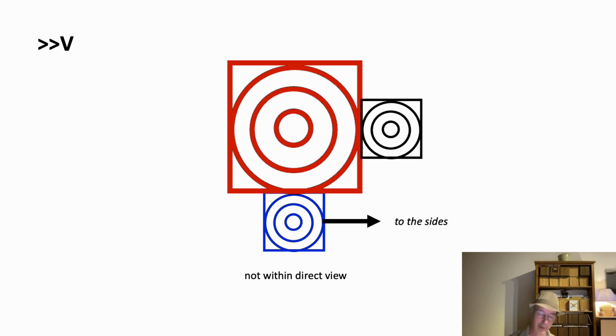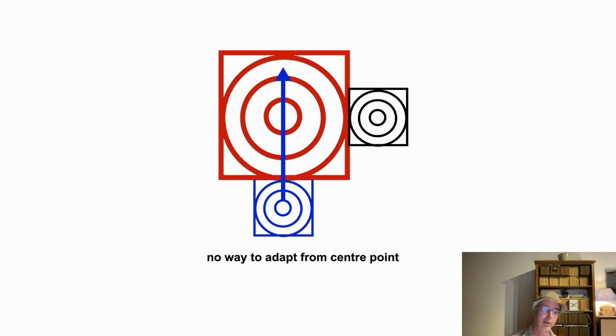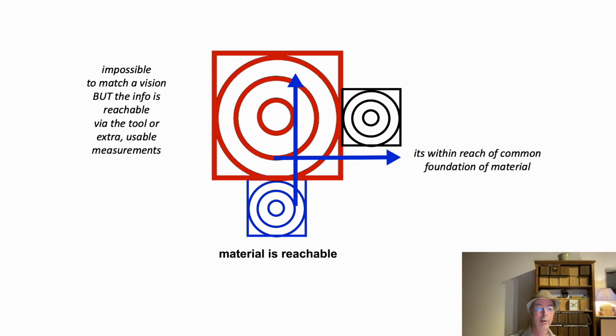The second letter: we already had a position where there was a connection from something far away, but still within our vision, our center vision, reachable. Now here is an example of a position which is not within our center vision, but if you go to the sides of this tool, you can still see it. It is not within our direct view, so it's not adaptable from our center point of vision anymore, but it's still within reach of our material that we put into this new circle, into this intermediate.